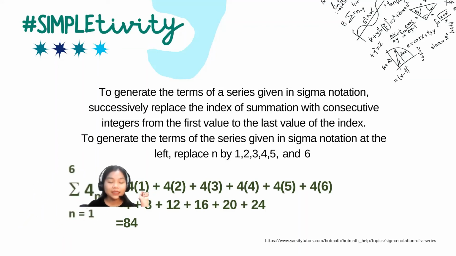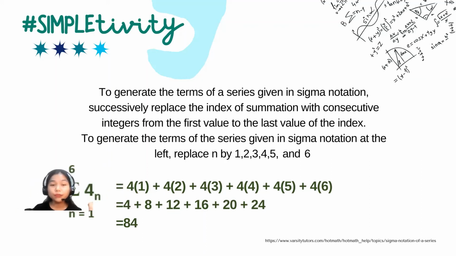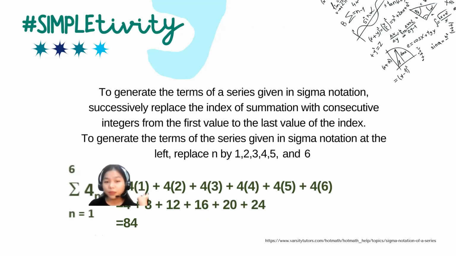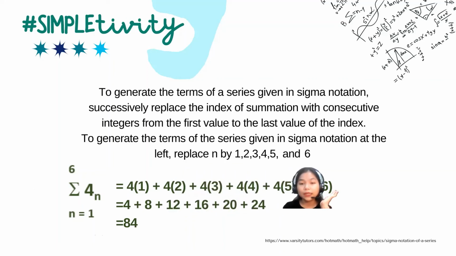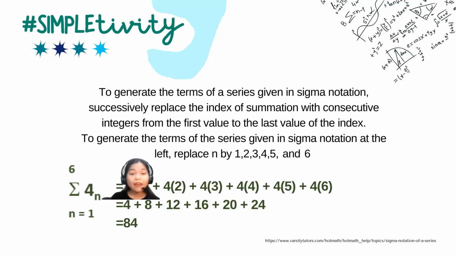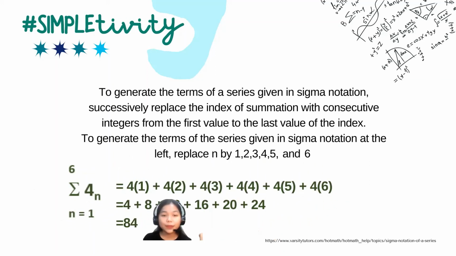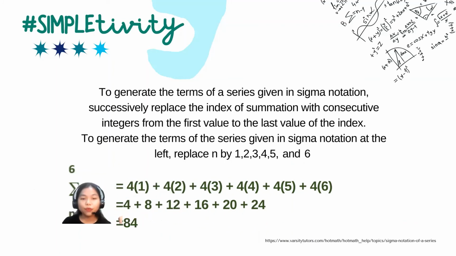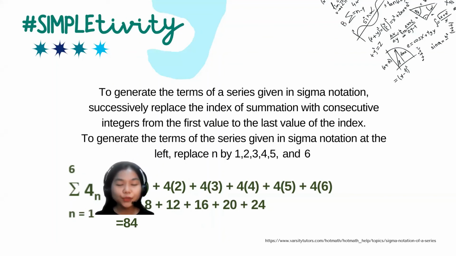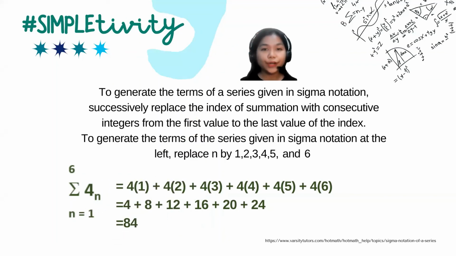So the summation of 4n as n goes from 1 to 6 is equal to 4 times 1 plus 4 times 2 plus 4 times 3 plus 4 times 4 plus 4 times 5 and 4 times 6. After getting their products, we simply add all of them. So 4 plus 8 plus 12 plus 16 plus 20 plus 24, the answer is 84. So the summation of 4n as n goes from 1 to 6 is equal to 84.